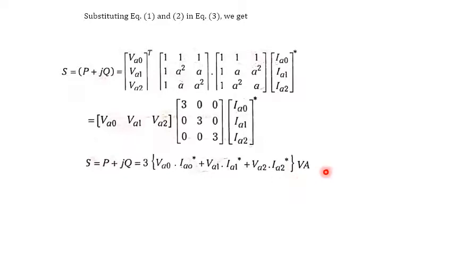This is nothing but the symmetrical components of the current and the voltages. If you know these component values, then the power consumed by the three-phase circuit can be computed directly, so we can calculate the total power consumed by the network.